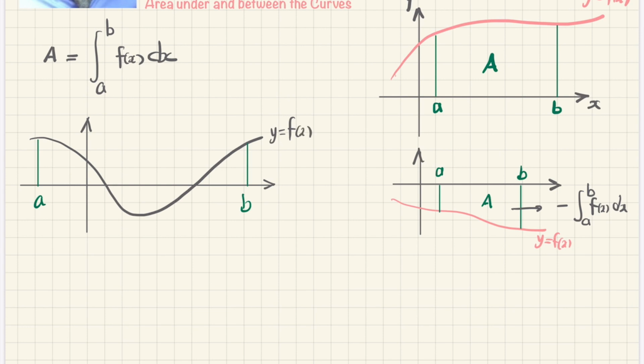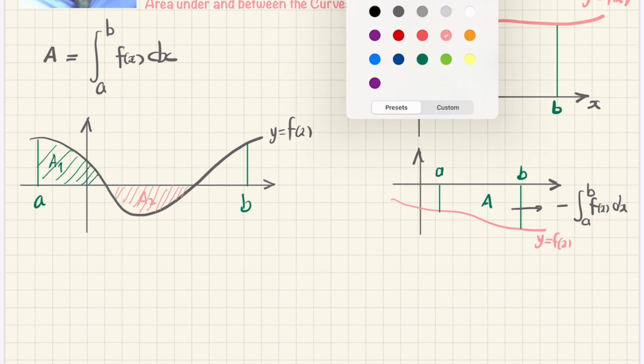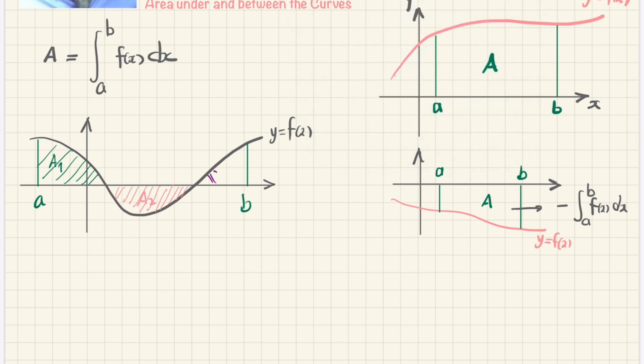Okay, and now let us consider this to be area number 1, and let me consider this to be area number 2, and I don't know, let us consider this, for example, area number 3.